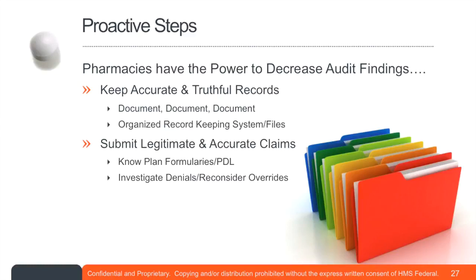Know the plan formularies, know what's on the preferred drug list, and an important suggestion here is to investigate denials and overrides. So when adjudication is happening and a claim comes back as denied, instead of just overriding it automatically, take a minute and consider what's going on with that claim. So possibly it's a refill too soon.